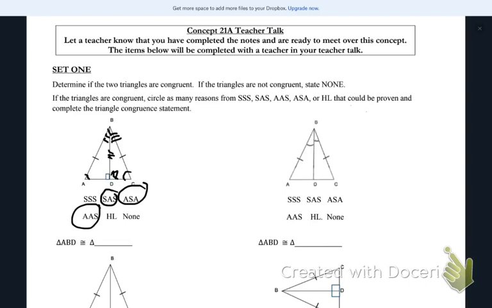We have one set of hypotenuse that are congruent, and then legs. So you can either talk about these bottom two or the shared leg. So we've got quite a few going on here. So then the triangle congruency statement would just be triangle ABD is congruent to triangle, well, A matches up with C, B matches up with B, and then what would be left is just D.